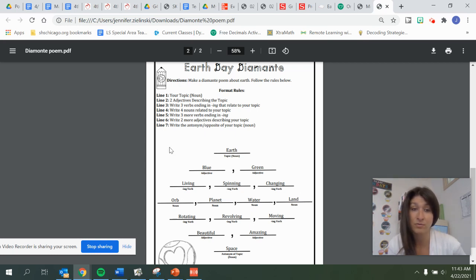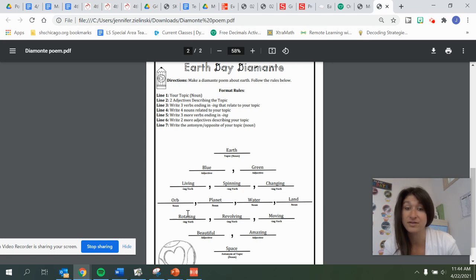Then on line 4, there are 4 nouns related to your topic: orb, planet, water, land. Notice at line 5, you have 3 more verbs ending in ing. Again, you don't want to repeat any of the words. You want to think of other verbs that have the ing.